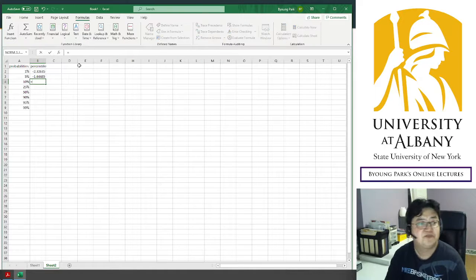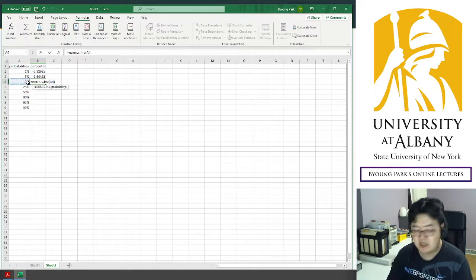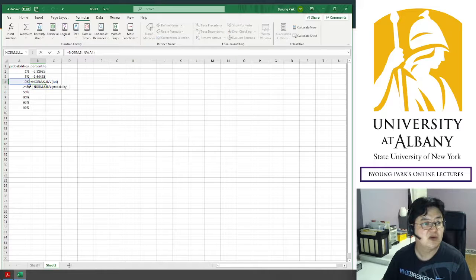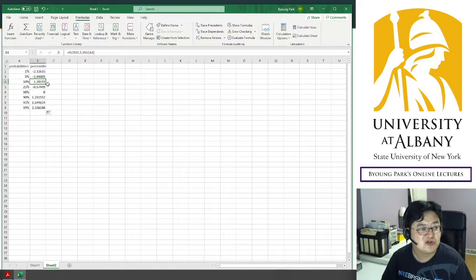In that way, the percentiles can be obtained. Sometimes the drag doesn't work because the mouse is old, but this time I succeeded. So the 10 percentile is minus 1.2.